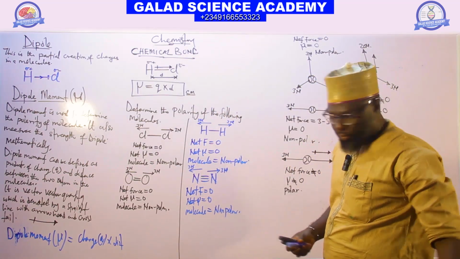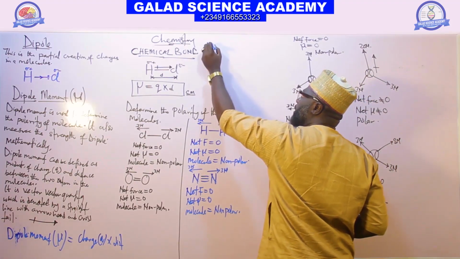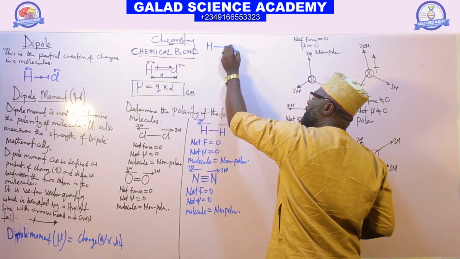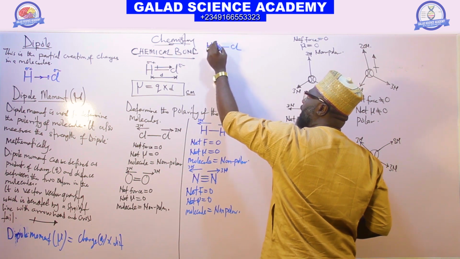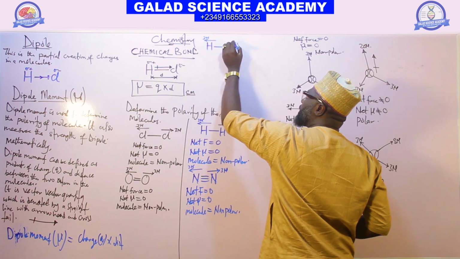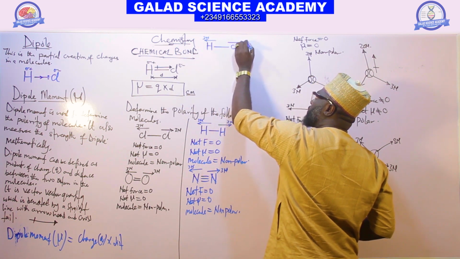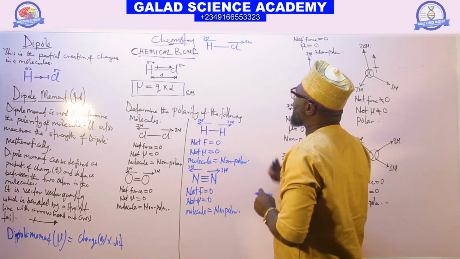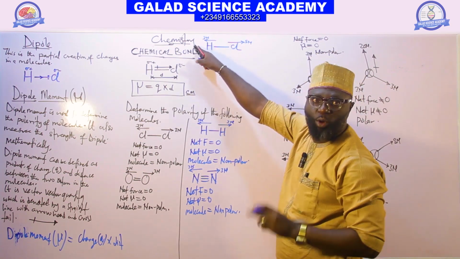Let's check for hydrogen chloride. So the force here is 3 Newton. The force here is 5 Newton. So you can see that this 5 is greater than this, because this one is chlorine.